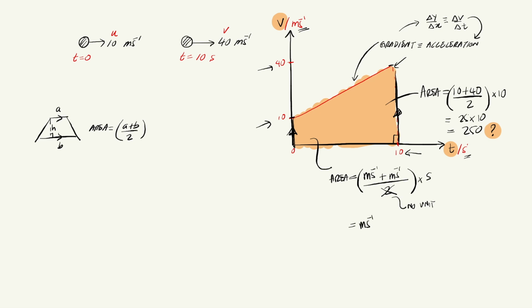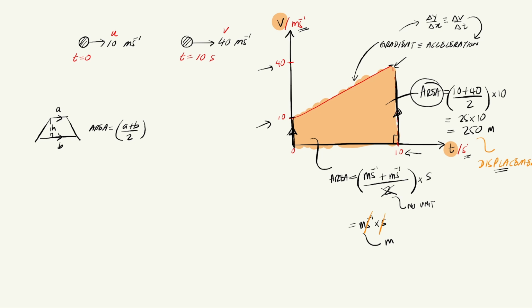So we're left with meters per second multiplied by seconds. The seconds cancel, leaving meters. 250 meters. And a quantity measured in meters describing motion is a displacement. So what we've just shown is this. The area under a velocity-time graph gives you displacement.